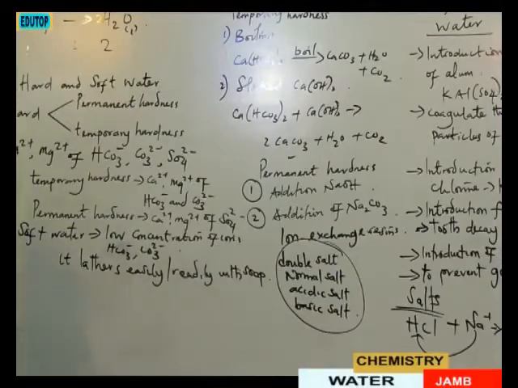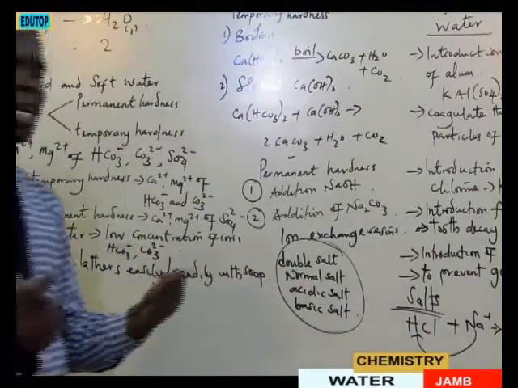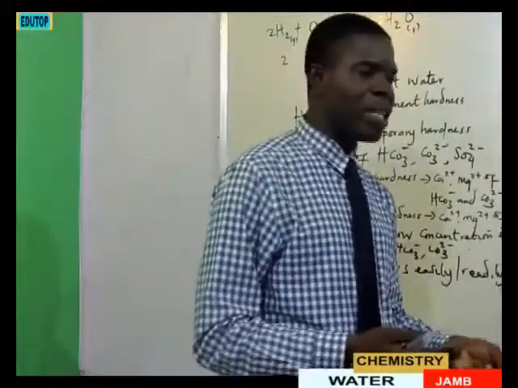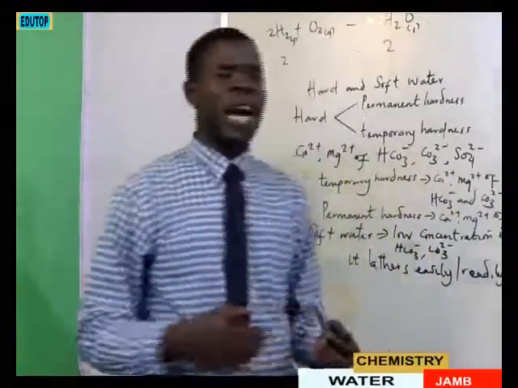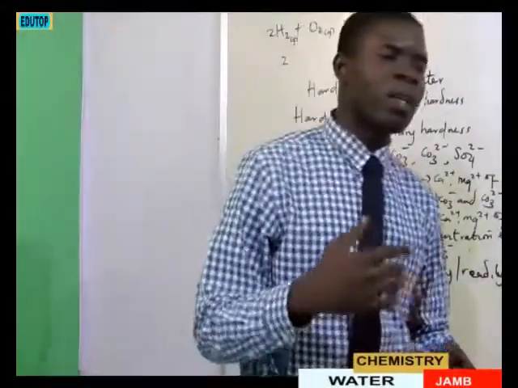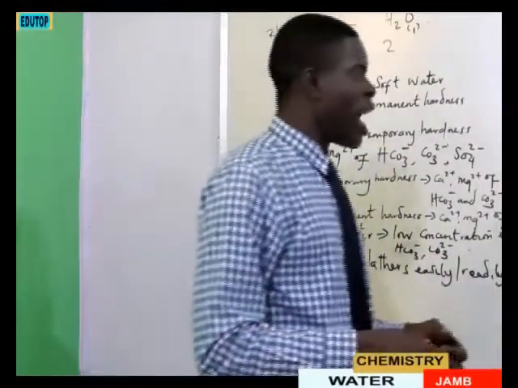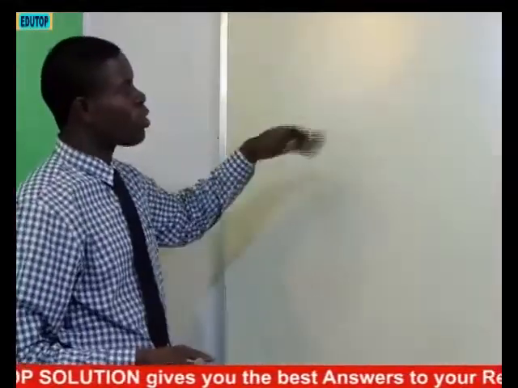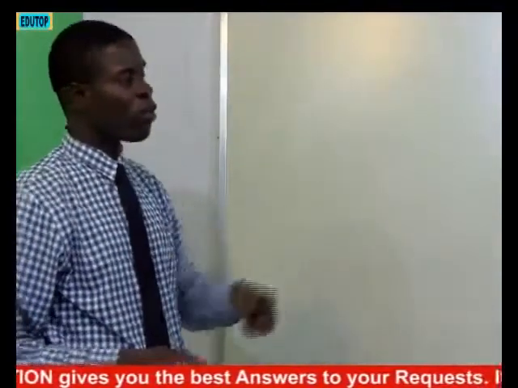But under this phenomenon, salts behave in a way that is not definite. Some salts absorb moisture when they are exposed to the atmosphere, while others lose water of crystallization.